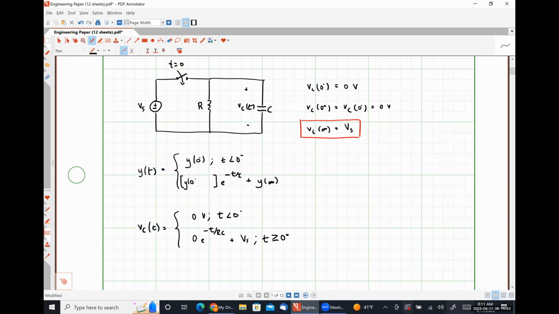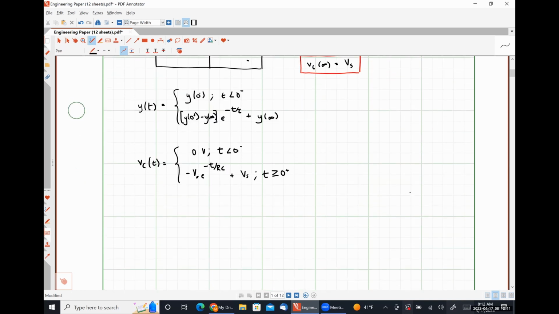It's going to be y of 0 plus minus y at infinity, which for us would be simply negative Vs. So if we were to plot our capacitor voltage as a function of time for this system, it would look something like this.